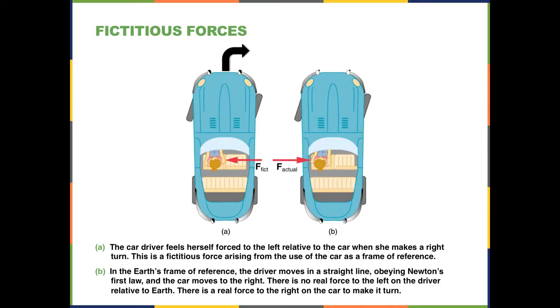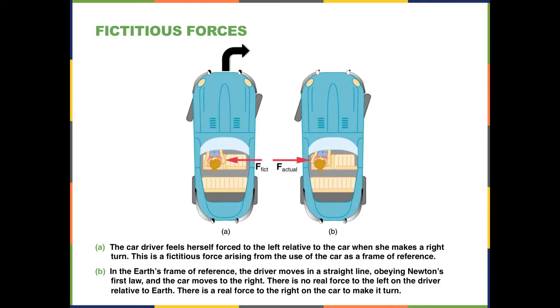As it says here, the driver continues to move in a straight line in relation to the Earth. The car moves to the right. There's no real force to the left. The real force is the force that pushes her to the right along with the car.